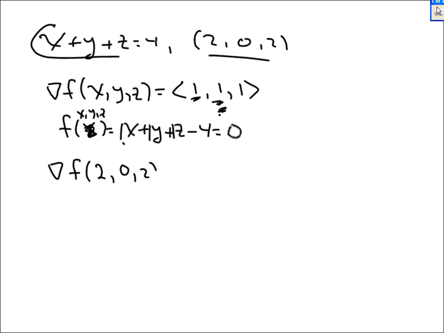Well, when x is 2 and y is 0 and z is 2, the gradient is still 1, 1, 1.